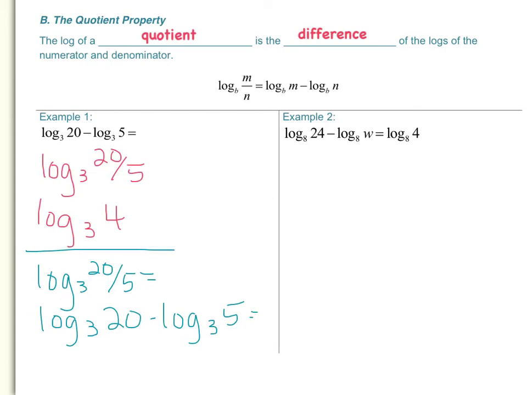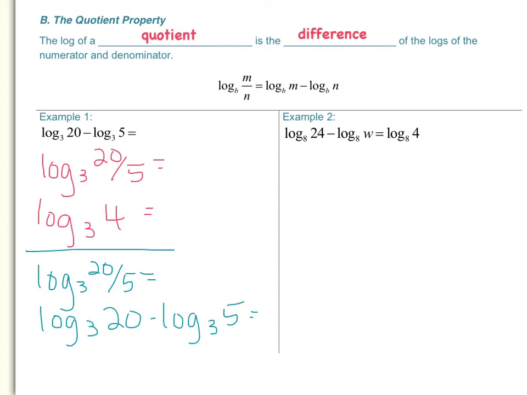Again, I'm showing these to you all on the left side of the equation because we're using this property to actually solve for a variable like in example 2. So let's look at that example. Okay, we have log base 8 of 24 minus log base 8 of w equals log base 8 of 4.